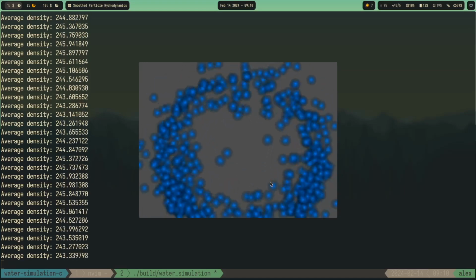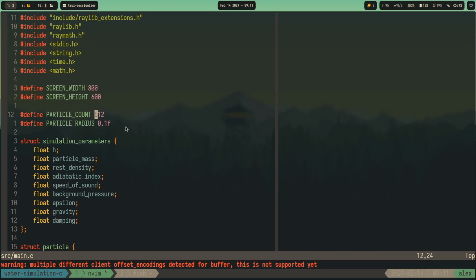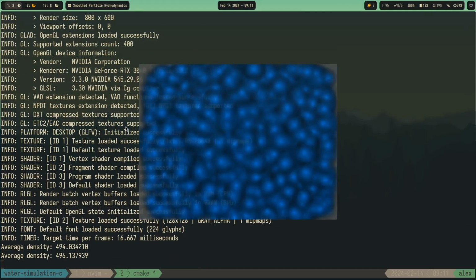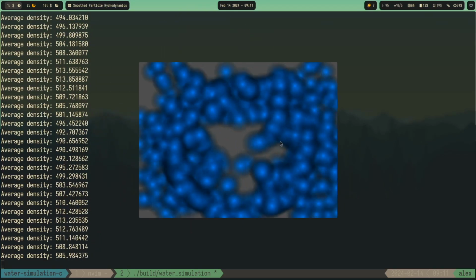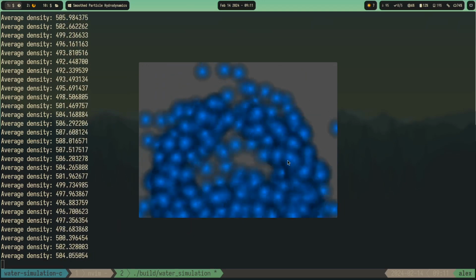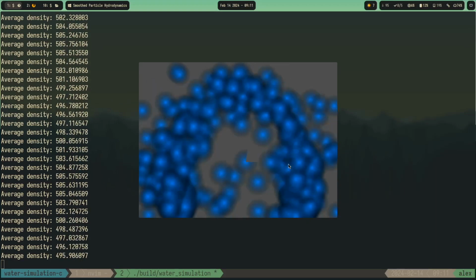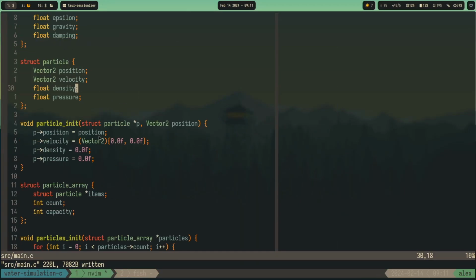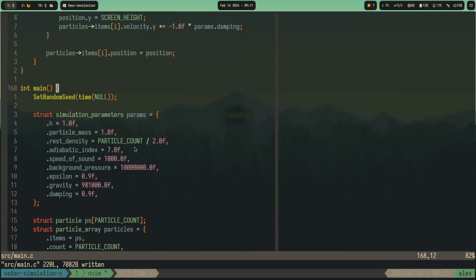I mean, yeah, let's see what happens if we put more particles. Oh no. That was looking cool.